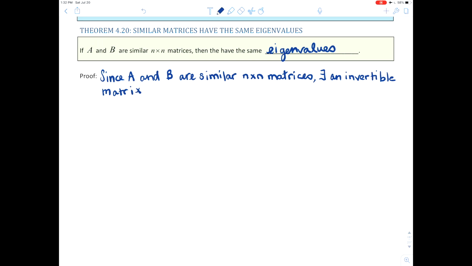What's the definition of similar? Beautiful. Such that B is equal to P inverse times A times P.